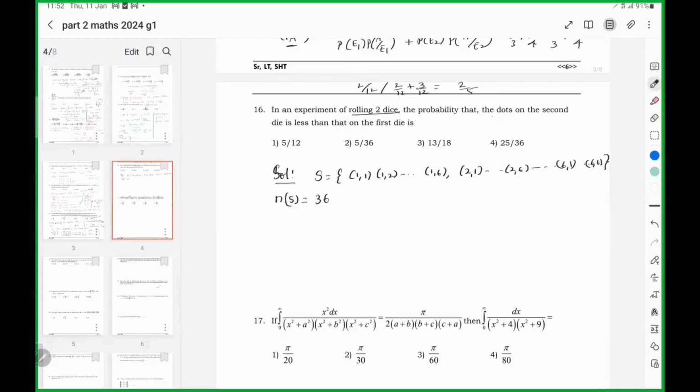So probability that dots on the second die is less than the first. So better to take this like this: 1 1, 1 2, 1 6, 2 1, 2 2, 2 6, 3 1, 3 2, 3 6, 6 1, 6 2, 6 6.